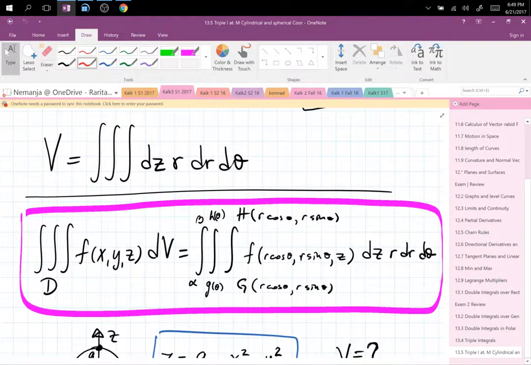I said to my students last night, if you're going to get a tattoo, that equation right there is a good one.